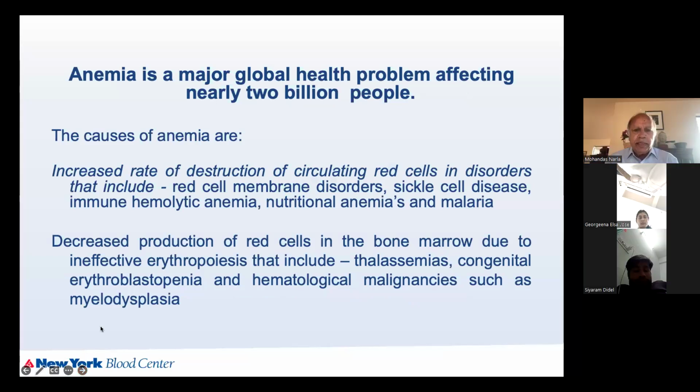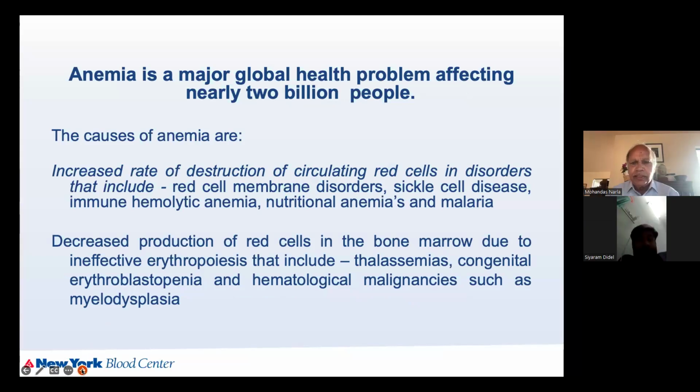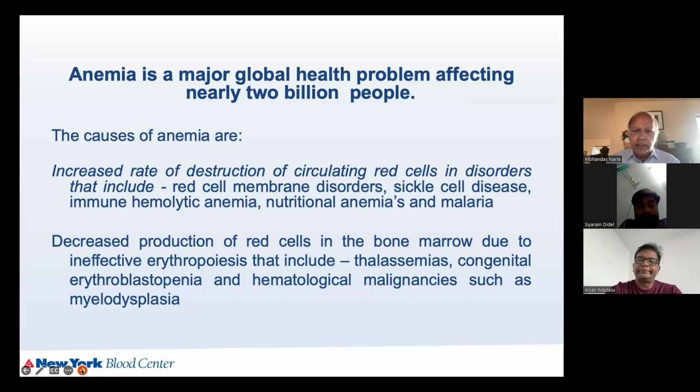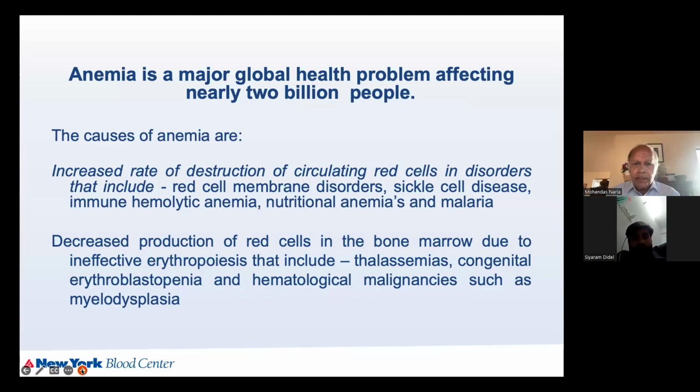As you all know, anemia is a major global health problem affecting approximately 2 billion people or even more. It is a serious public health issue. The causes of anemia are, one, increased rate of destruction of circulating red cells in disorders that include red cell membrane disorders, sickle cell disease, immune hemolytic anemia, nutritional anemia, and malaria.